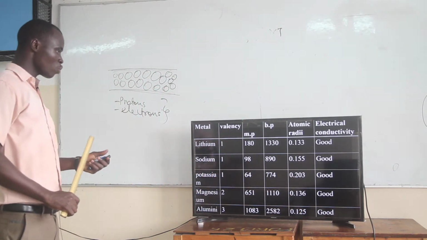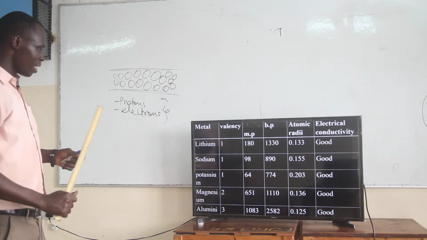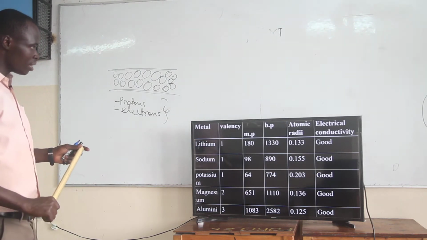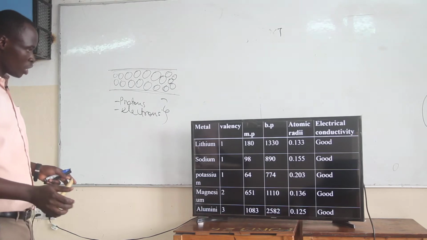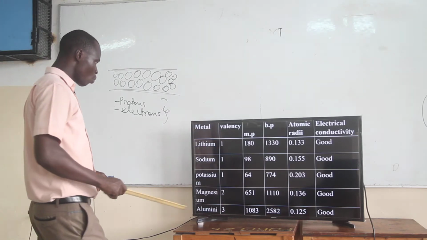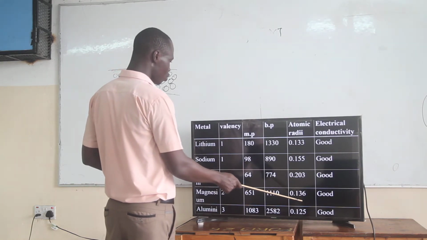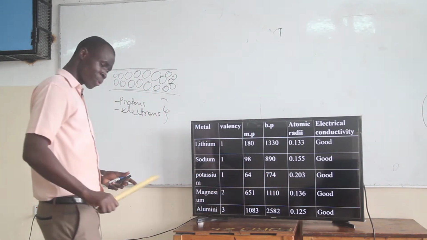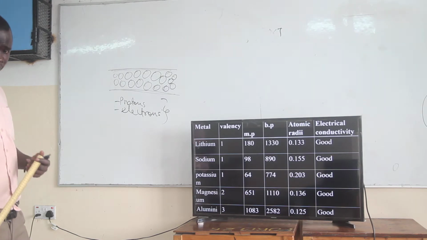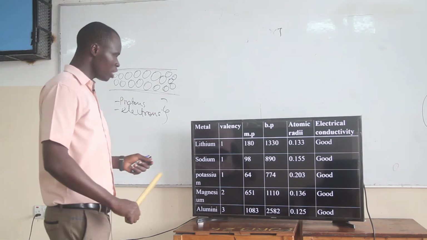So the smaller the atomic radius, the higher the melting and boiling point. But if you now compare lithium, which is 133, and magnesium, which is 0.33, there are two things that are going to determine the melting and boiling point.